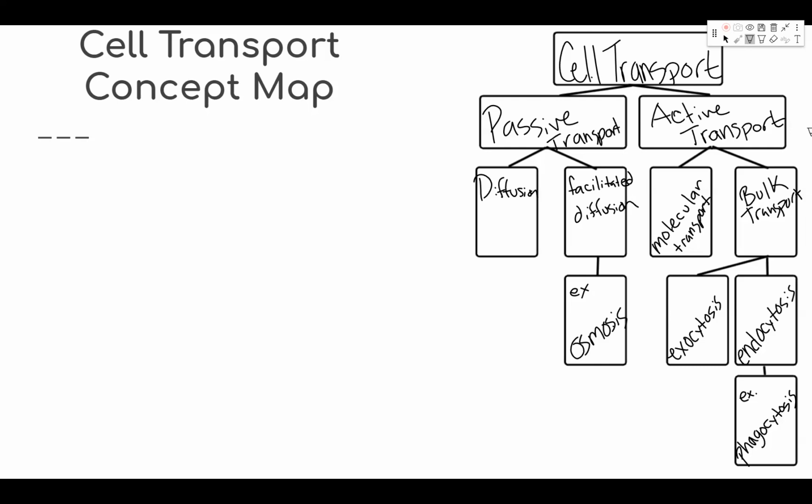That means it needs energy. And then you can tell whether or not it's going in or out, and you've got exo or endo. And if it's going in, it might be phagocytosis. It might just be generalized endocytosis. So this kind of helps organize what all we've been talking about the last couple weeks. Questions here?